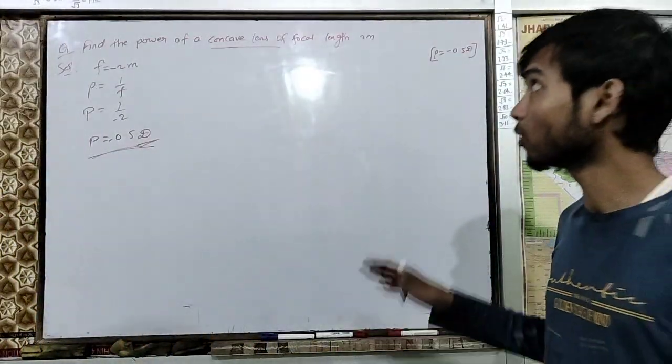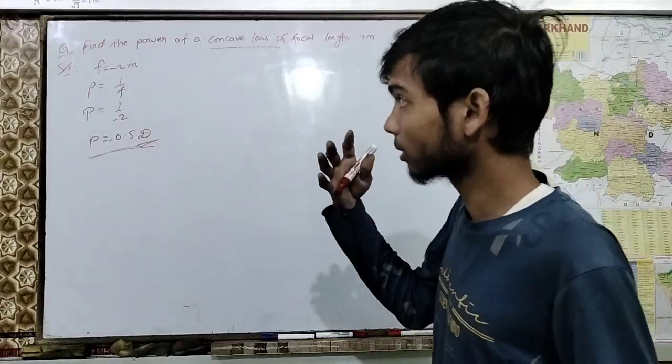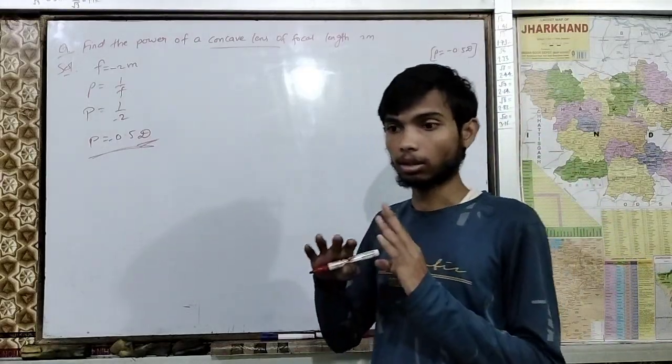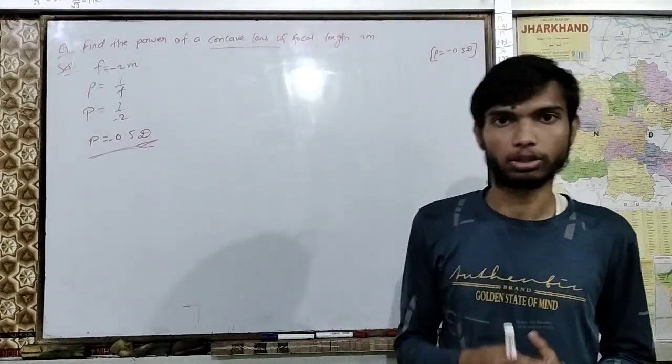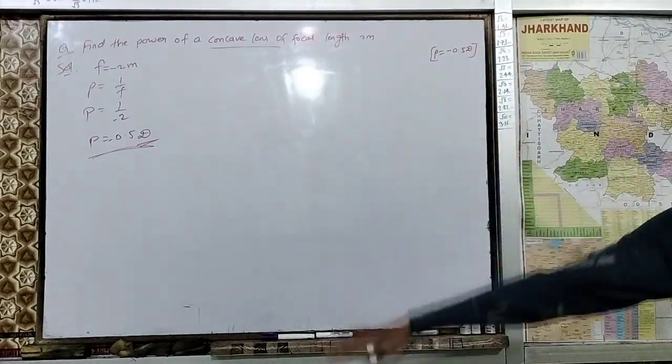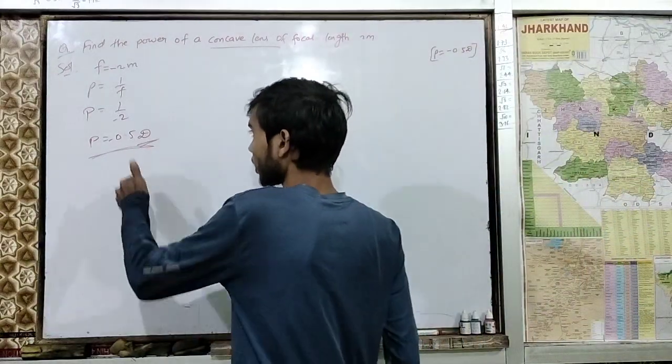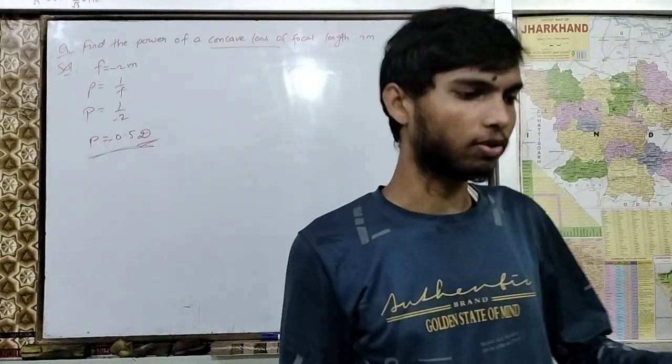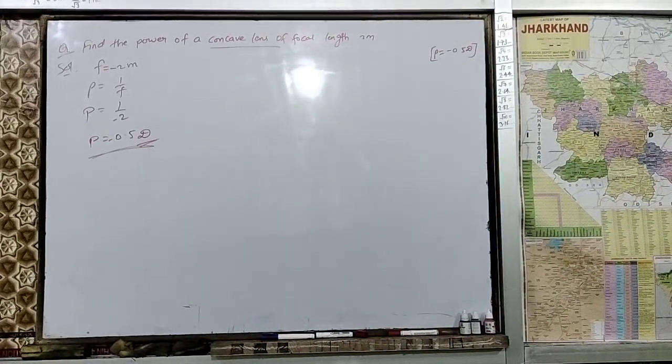But when we have a convex lens, then we will get P with an addition sign. So here we have a concave lens, that's why you got P as minus 0.5. Now you have understood why it came.